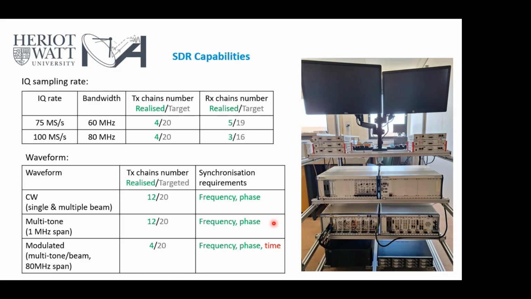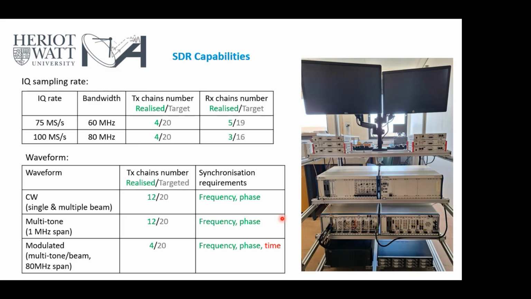That is 75 max I samples plus 75 Q samples, max samples. And that supports 60 megahertz. For TX, we have 4 already realized, and we are targeting 20. For RX, we have 5, targeting 19.